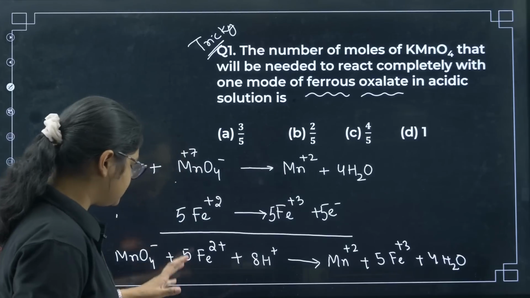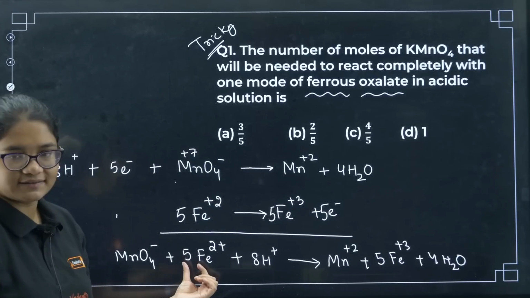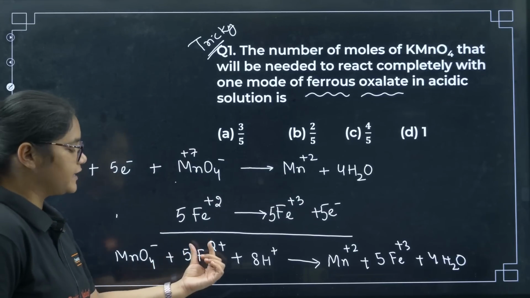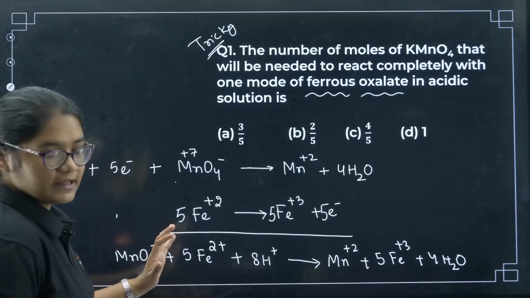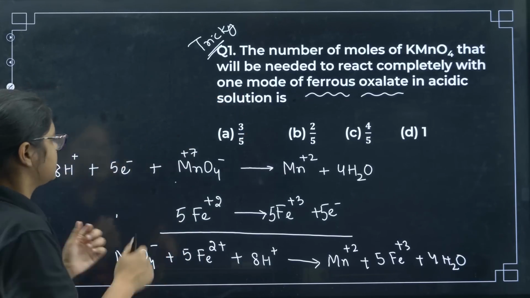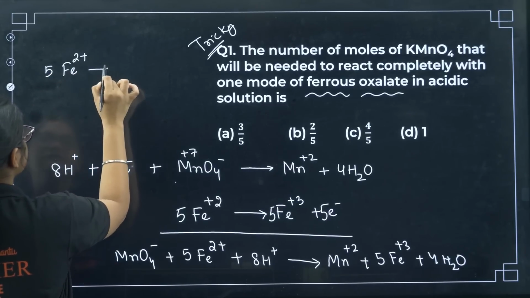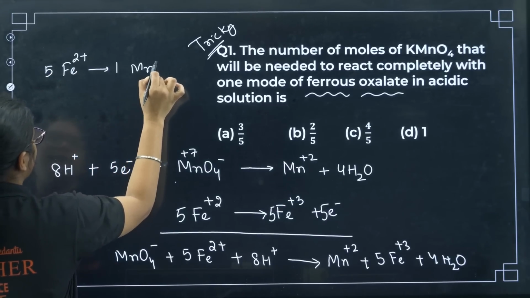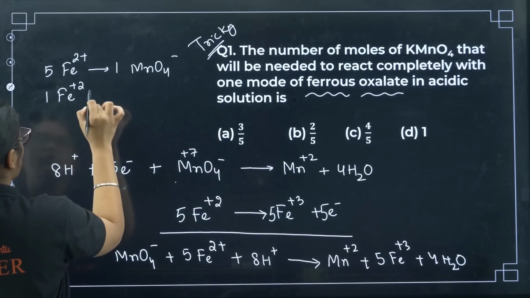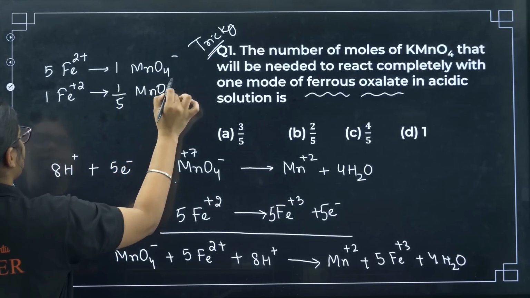If I see this reaction, 1 mole of MnO4 minus is oxidizing 5 moles of Fe2 plus. So 5 moles of Fe2 plus is oxidized by 1 mole of MnO4 minus, then 1 mole of Fe2 plus will be oxidized by 1 by 5 mole of MnO4 minus.